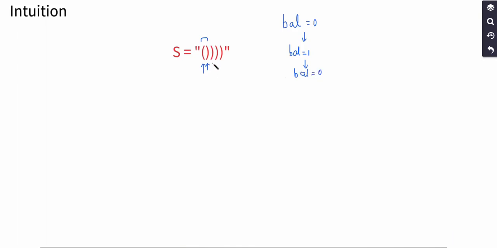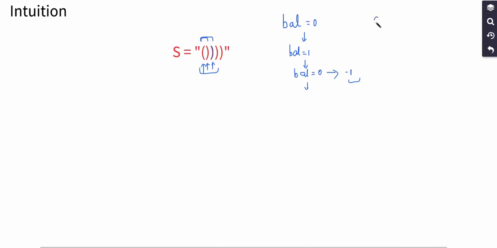Then we move to the third character, and in this prefix we have an extra closing bracket, so the balance becomes -1. So in the prefix of length 3 the balance is negative. That means we have an extra closing parenthesis, and hence we have to add an opening bracket to manage this closing parenthesis.